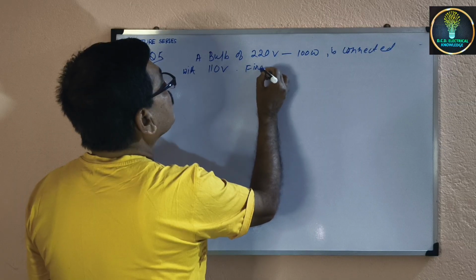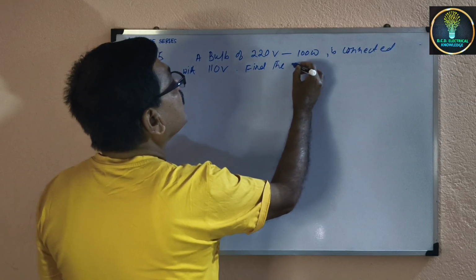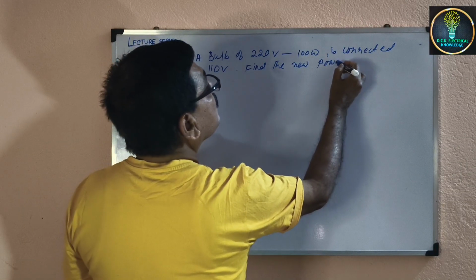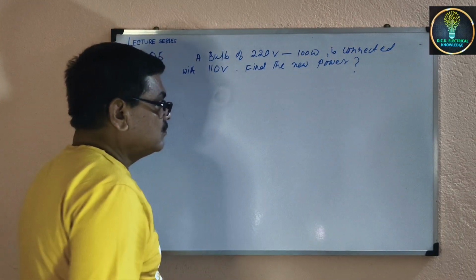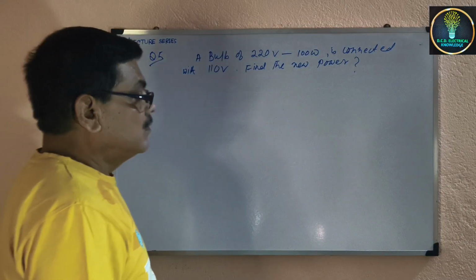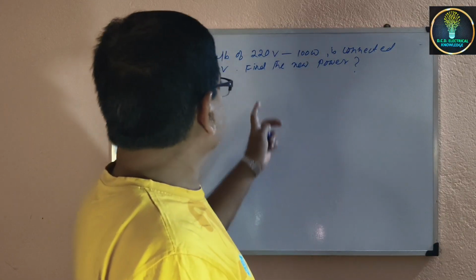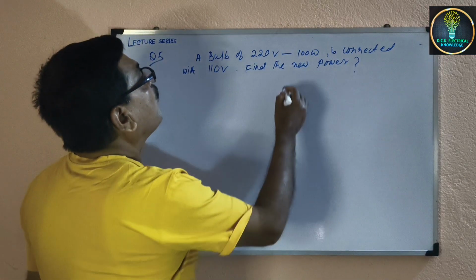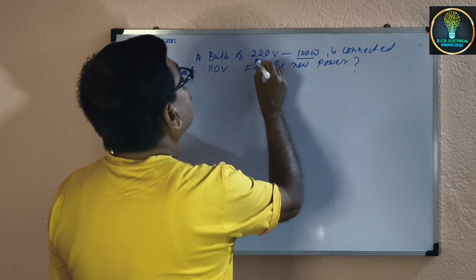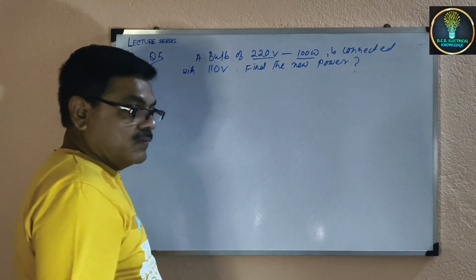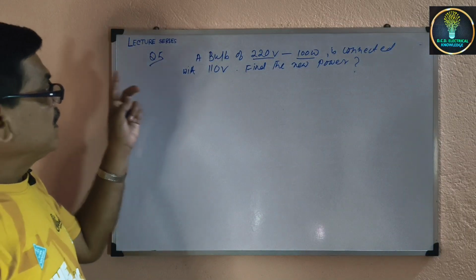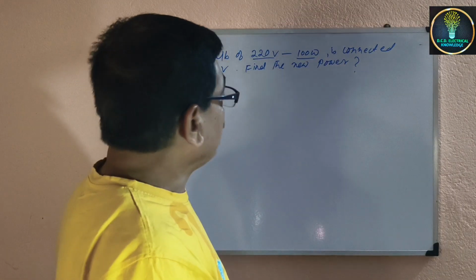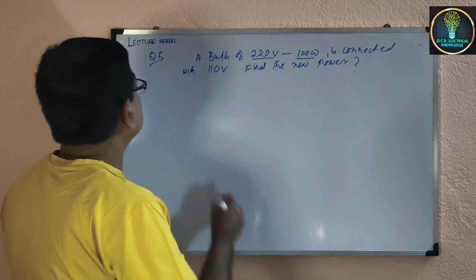Find the new power. According to this question, we can see that a bulb of 100 watt 220 volt is used at 110 volt. What is the new power of that bulb?